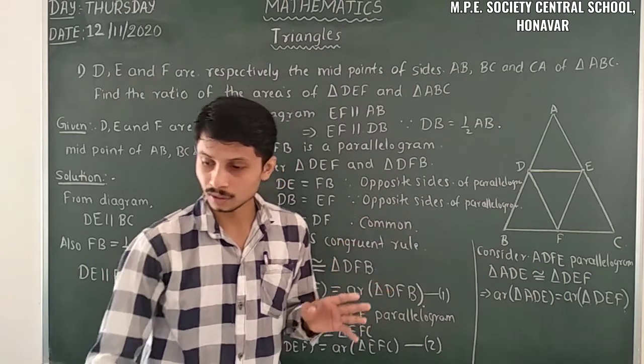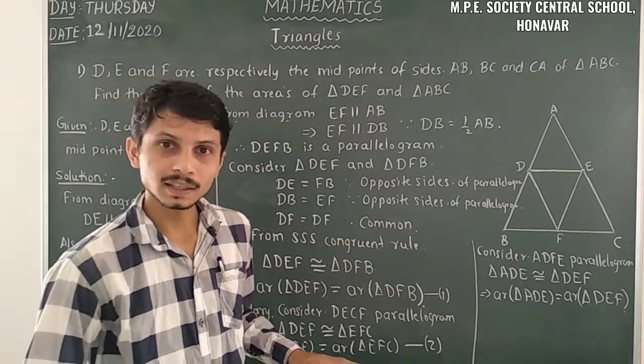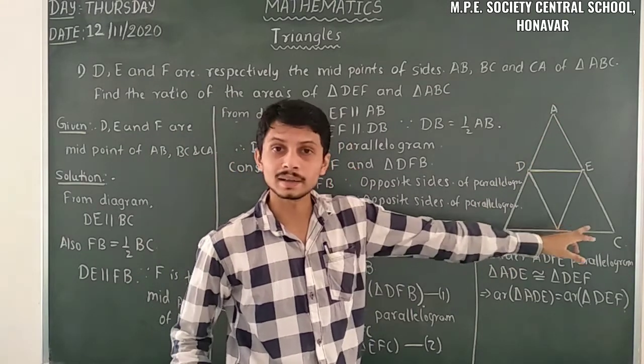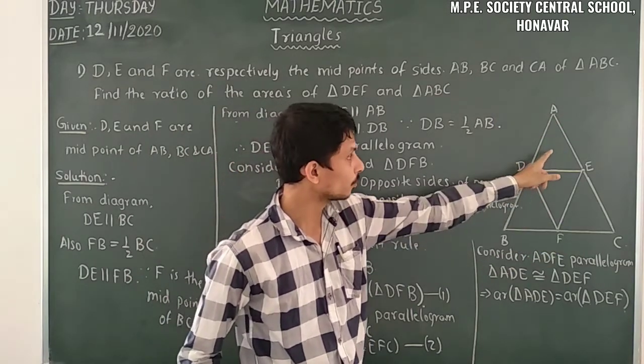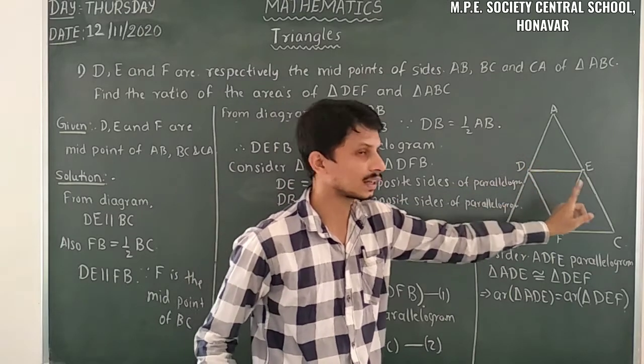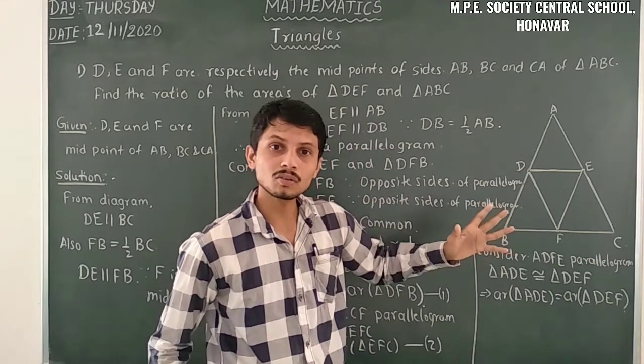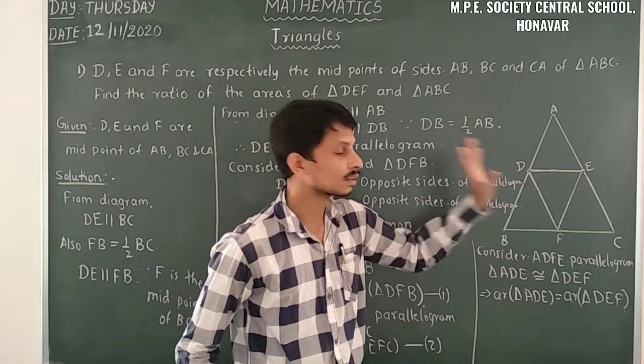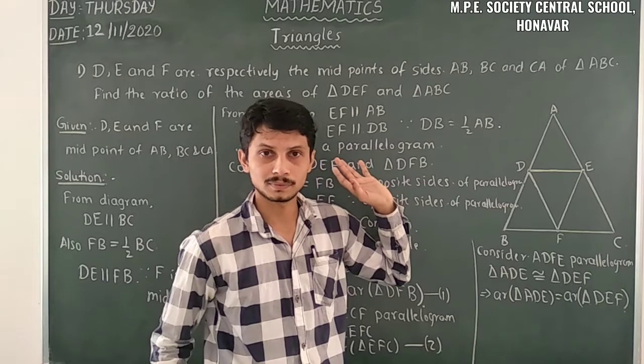So let us move on to the next part. We have to consider the area of complete triangle ABC is equal to the sum of the areas of this triangle, this triangle, this triangle, this triangle. Then we have to express all the triangles in terms of triangle DEF only.